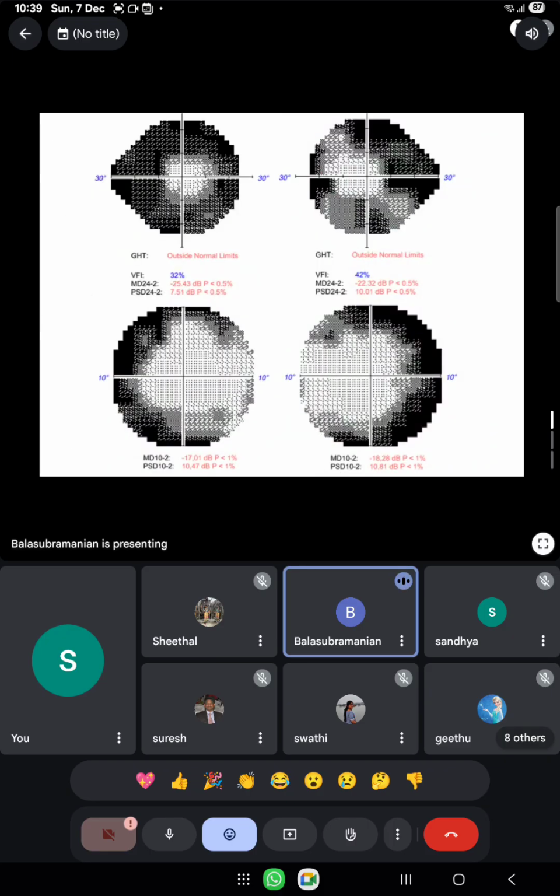The first is a 24-2, and the bottom one is a 10-2. We see that the points closer to fixation are relatively spared. Where can this happen? Can you give a diagnosis of something?